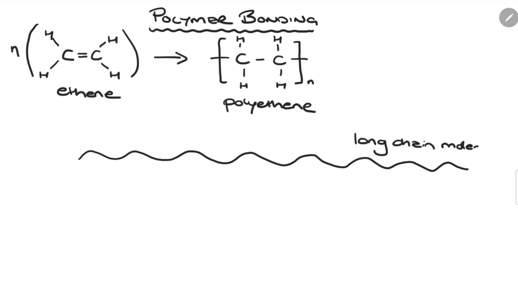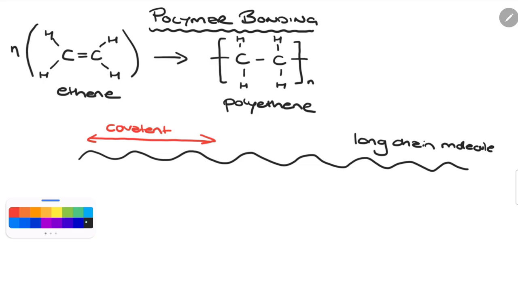The key area there being that it is still a molecule. And so it is made up of covalent bonds along the chain. So as we've drawn this diagram here, in the horizontal direction we have covalent bonds, which are typically very strong. So that would give us strong bonding along the chain.